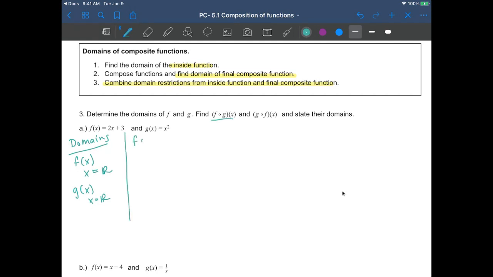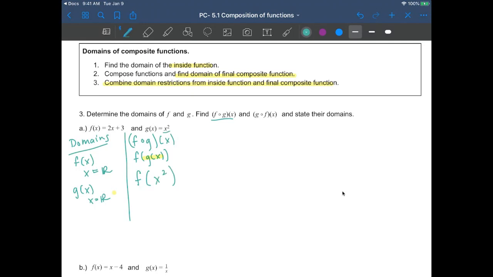So f of g of x, which I rewrite as f of g of x. Again, the inside is g of x. So I look, g of x, there's no domain restrictions. So I'm going to go ahead and just go for this. I'm going to have f of, g of x can be rewritten as x squared.